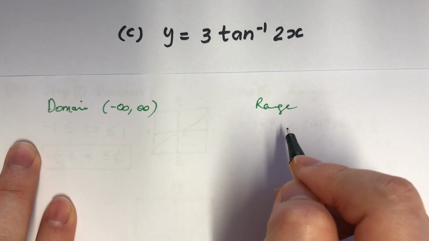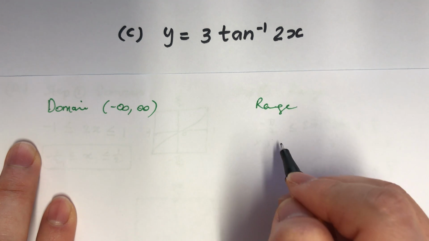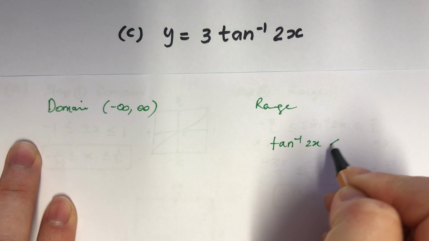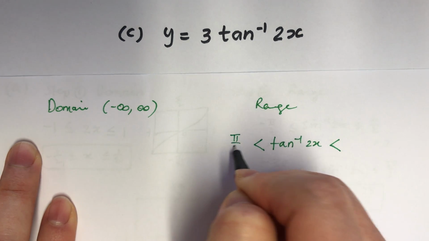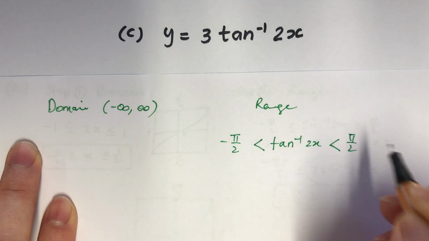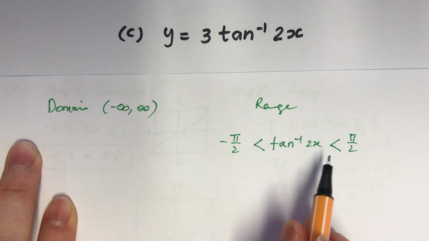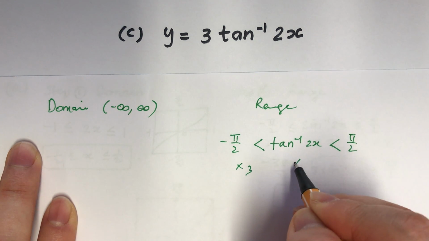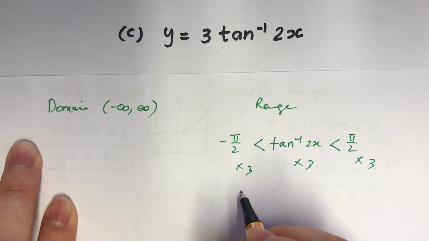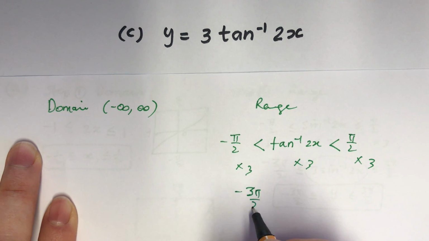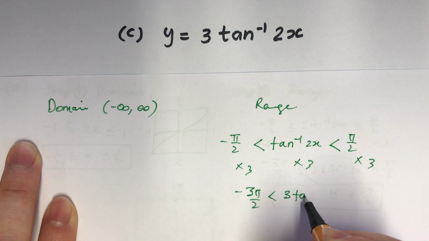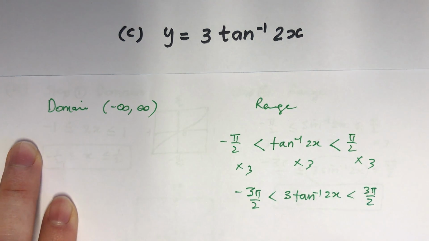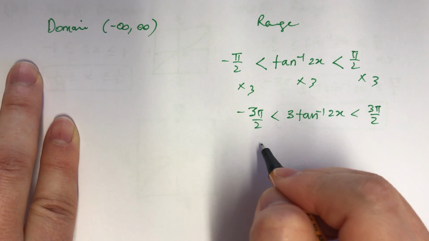Now the range will be different, guys, because, let me put my output here, don't forget that this is not included, because they're asymptotes, aren't they? So I'm going to times by 3, so it'll be minus 3 pi over 2 to 3 pi over 2.